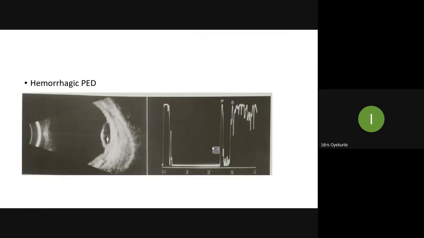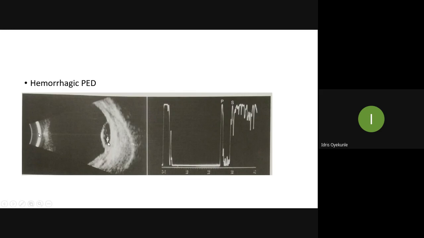And in hemorrhagic PED, like I said, there's a sharp tip insertion. It has a smooth dome-shaped image, and this sharp tip can denote where the RPE is separated from the choriocapillaris, as you can see here.